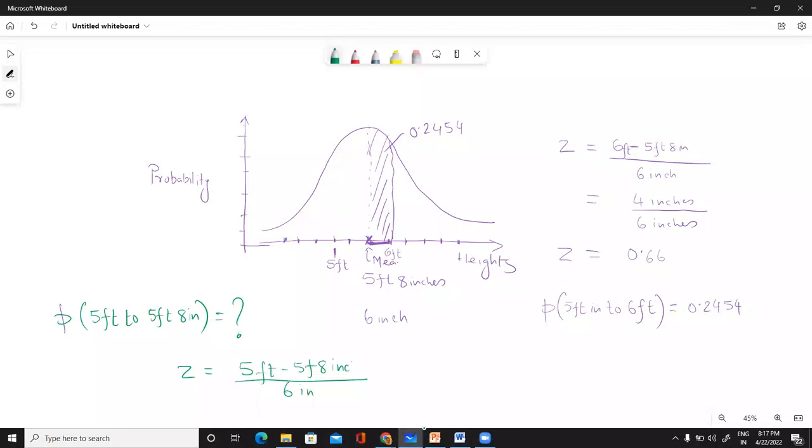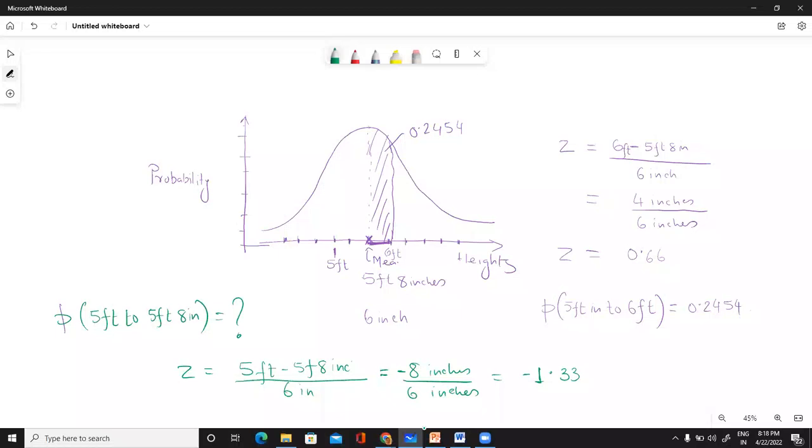So this becomes minus 8 inches divided by 6 inches. So that becomes minus 1.3. So the Z value in this case is minus 1.3.